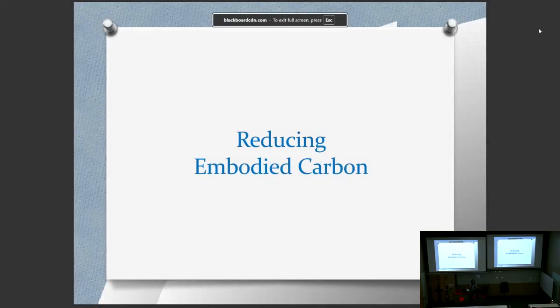Okay, reducing embodied carbon. So embodied carbon would be the carbon emissions due to the construction material: extracting the materials, then transporting the material to the factory, manufacturing, and then transportation.